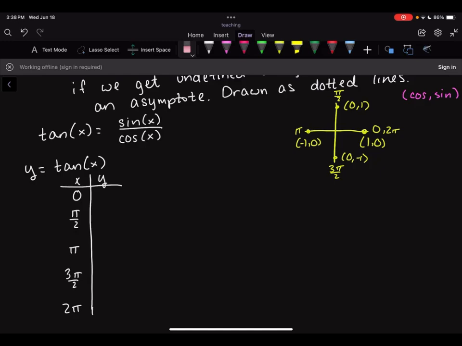So at 0, tangent would be 0 over 1. I'm getting that because it's the y over the x. That's how we talked about it in 1.4, as I wrote y over x. So this simplifies to 0.